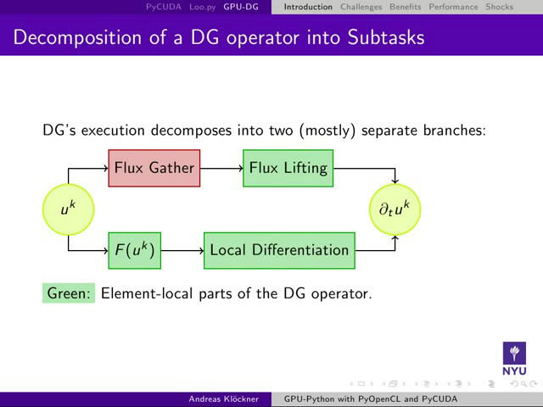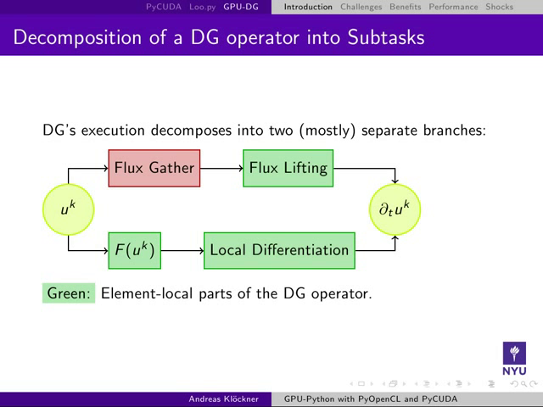The nice thing is that this here is the only part that crosses element boundaries. All the other parts do not. So it's a rather local method, and these two are more or less element-local matrix vector products at this level. One matrix vector product per element.